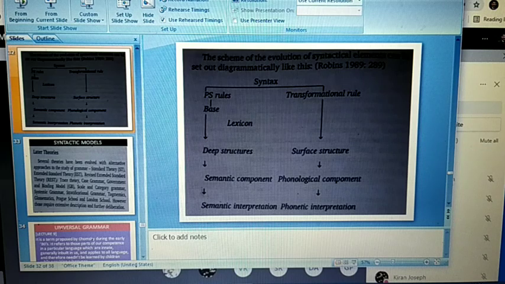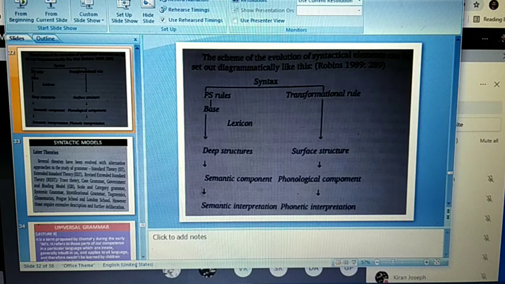A sentence is phrase structure rules plus transformational rules. Say you have the lexicon, or rather you have the meaning in deep structures, and you change the deep structure, you get surface structure.